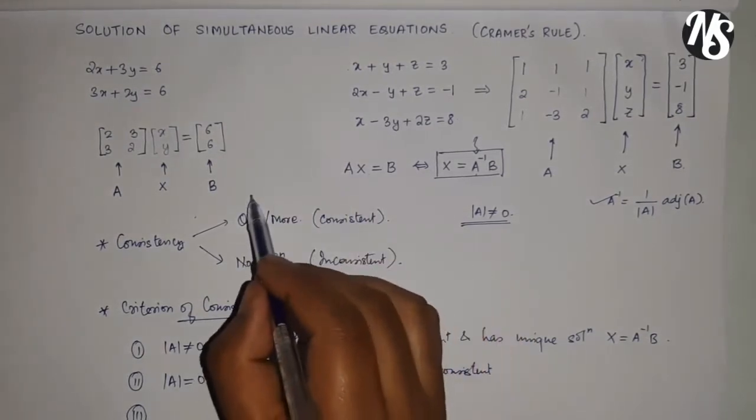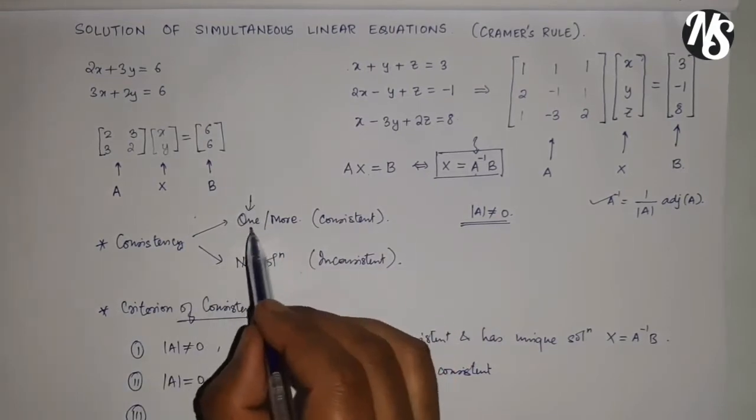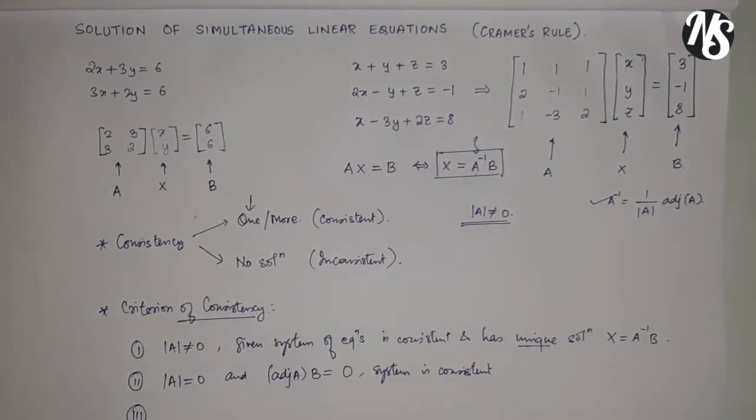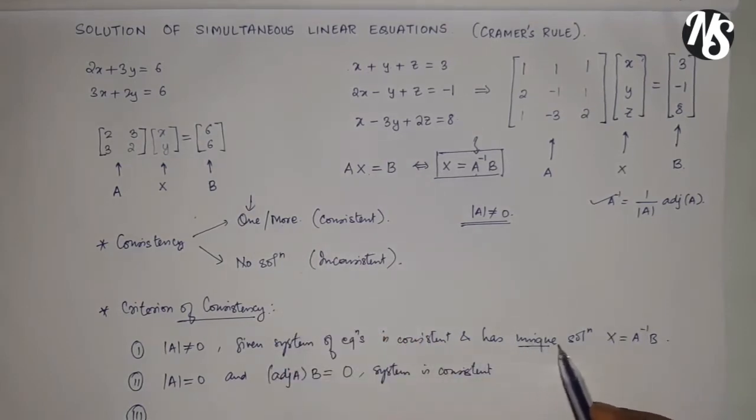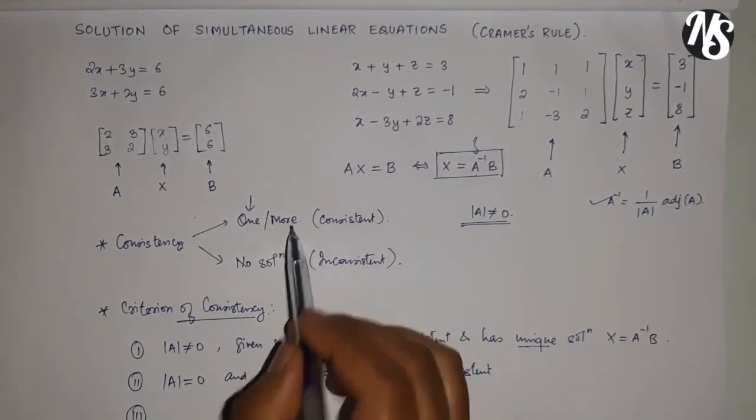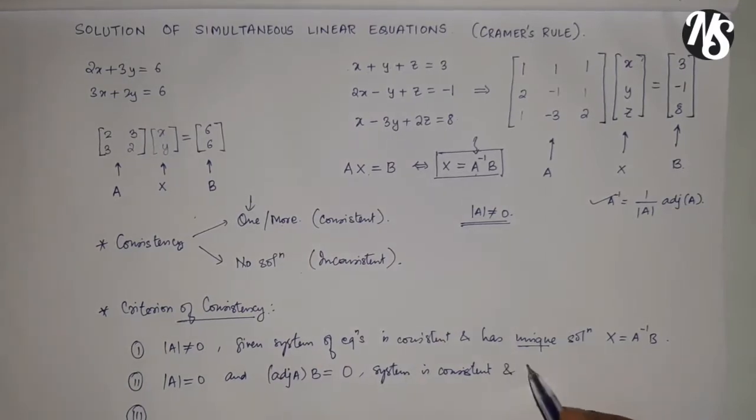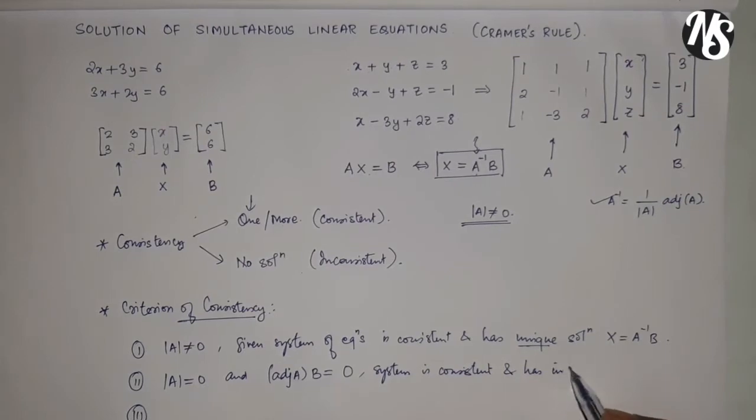One is there is only one solution, that is a unique solution, or you may have more solutions. Here also you are saying consistent, but this time you may have more solutions, and I will not say more solutions, I will say infinitely many solutions. That's what I'll say here.